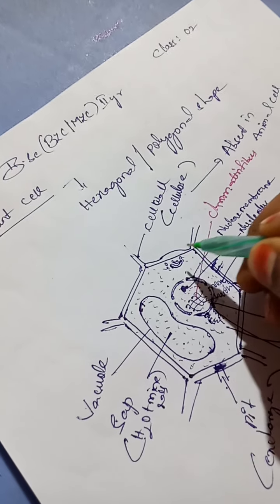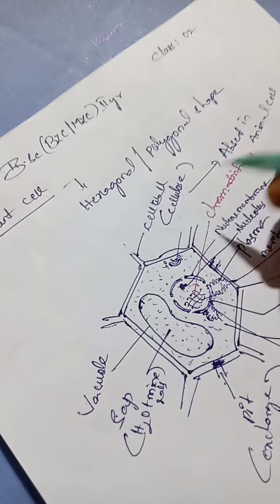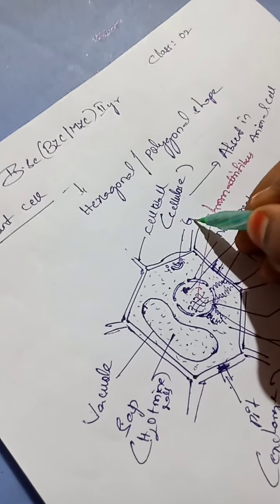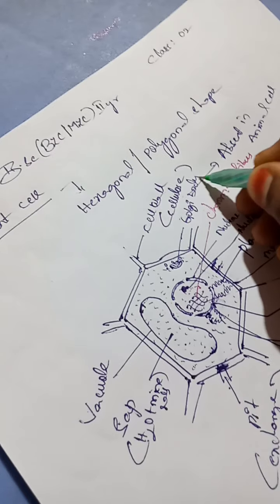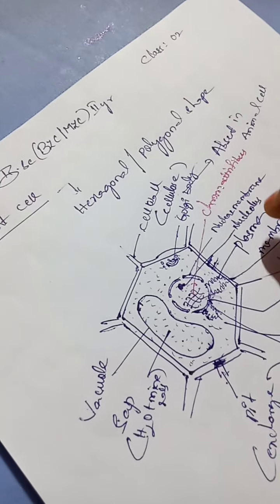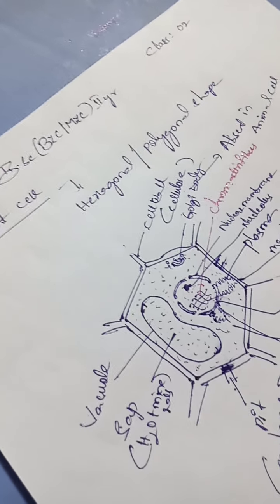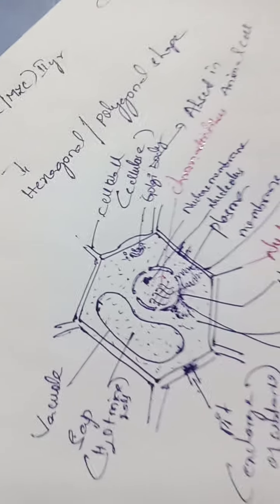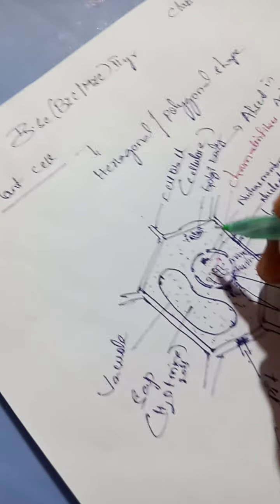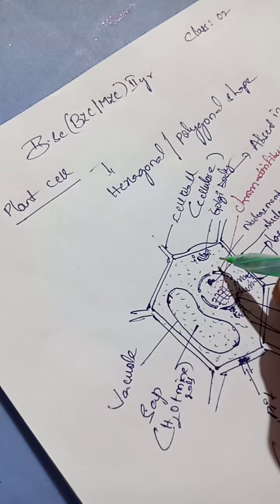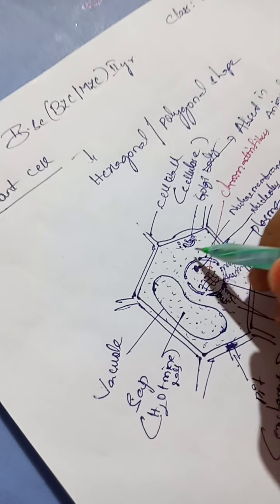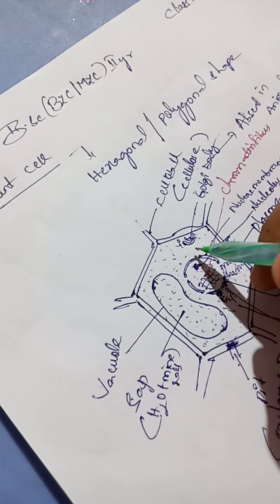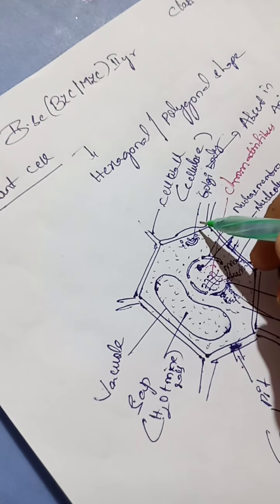This is the Golgi body. Don't mind if you are not getting my handwriting. So this is the Golgi body. One thing is the same in animal cell and plant cell: the Golgi body has a convex side and a concave side.